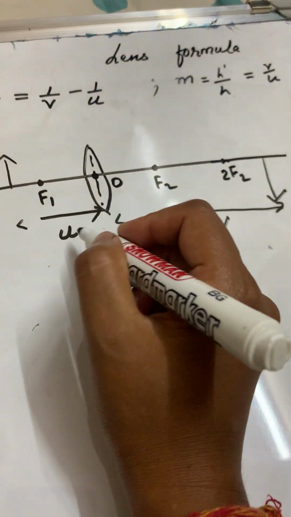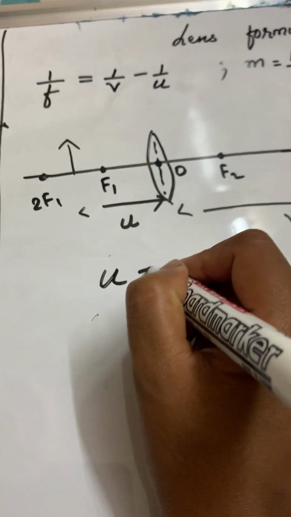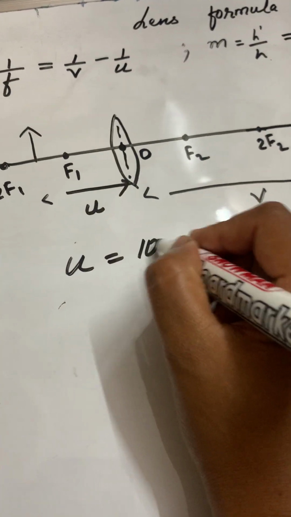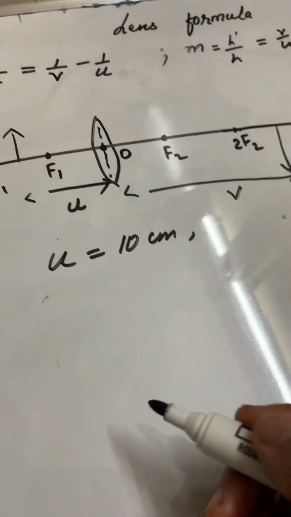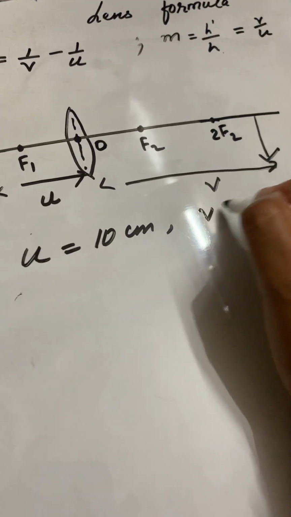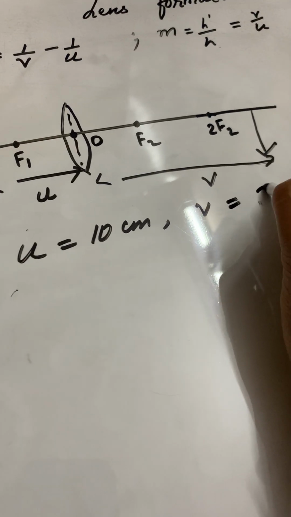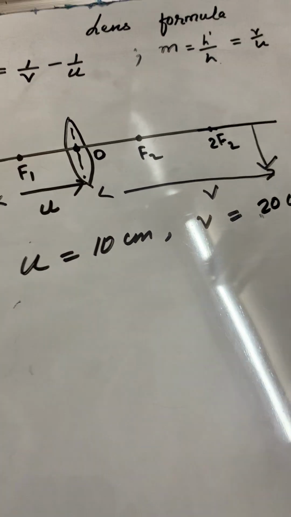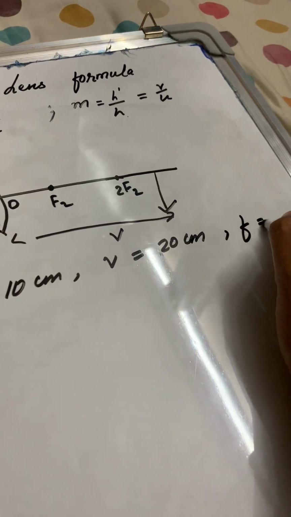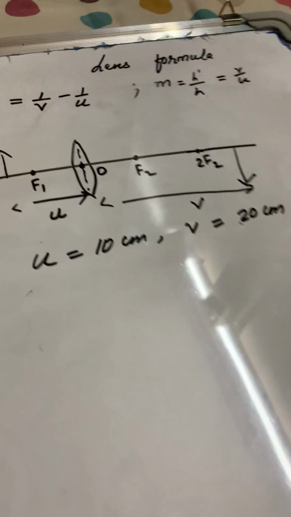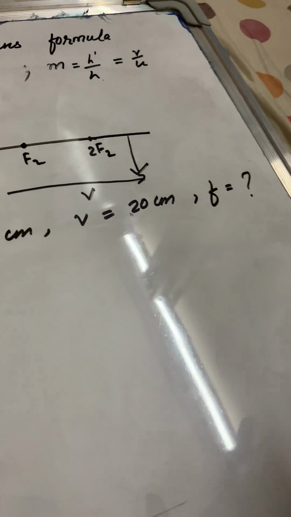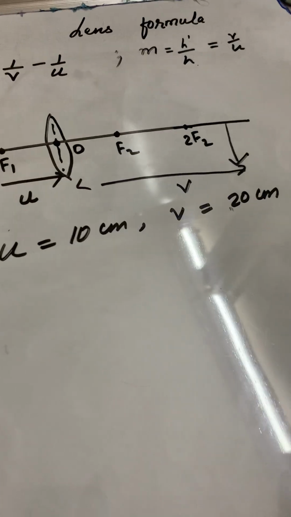All right, let's say u is equal to 10 centimeter. All right, and v is equal to, let's say, 20 centimeter. All right, the question is again find f. All right, now f has to be positive, we need to remember it. Okay, this is for the convex lens.